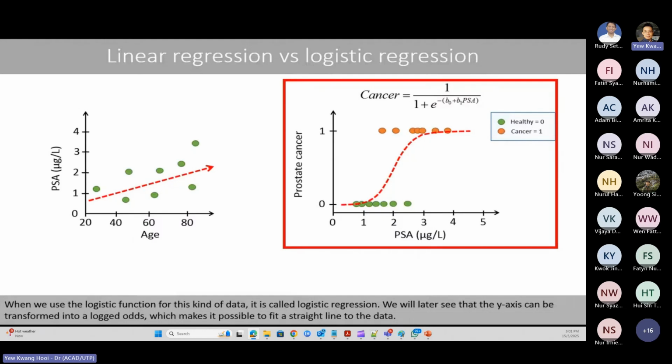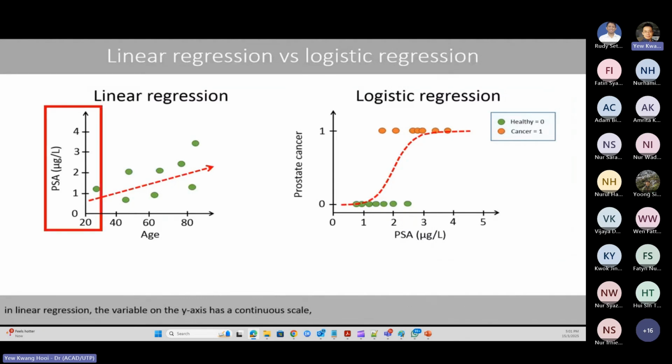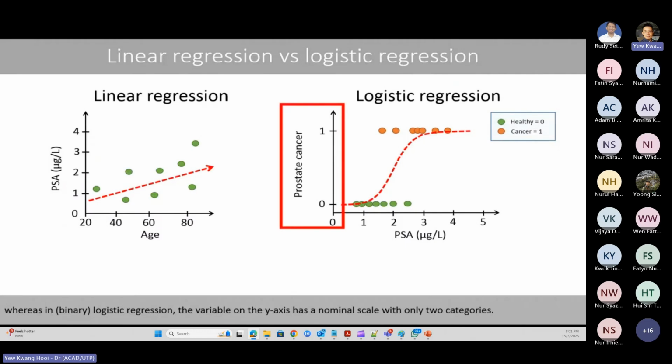We later see that the y-axis can be transformed into log odds, which makes it possible to fit a straight line to the data. So far, we can conclude that the main difference between linear regression and logistic regression is that, first of all, in linear regression, the variable on the y-axis has a continuous scale, whereas in logistic regression, the variable on the y-axis has a nominal scale with only two categories.